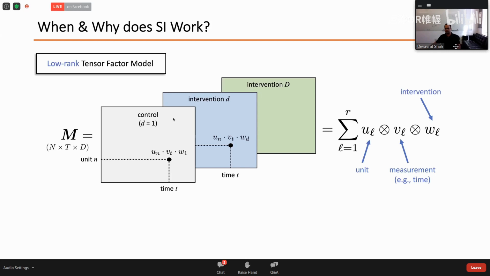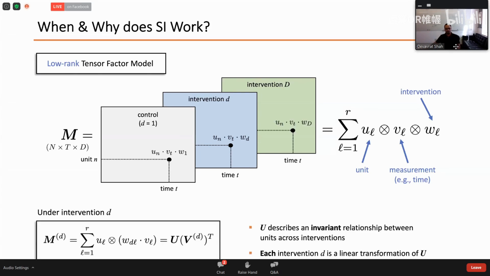Right. So each unit, each time, and each intervention has their own factors, and this is simply a tensor of that. If we focus on one of the slices, let's say this D-th slice, it could be written as U V_D transpose, where this second part is changing with D, but from the perspective of units, it remains the same.